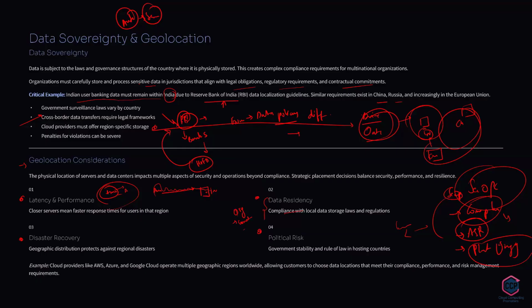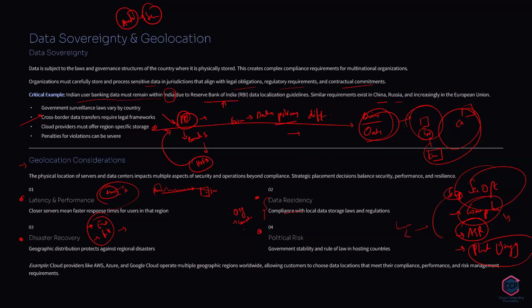Disaster recovery: if there is any earthquake or floods, it should also be taken care of by those policies. Like if there is a tsunami on the south side of India, and the data storage or data centers are all in Chennai, then what would have happened?